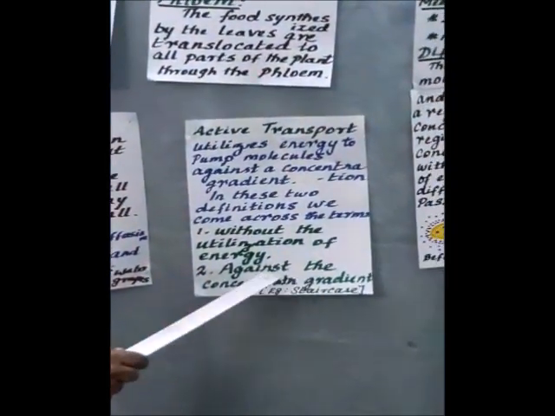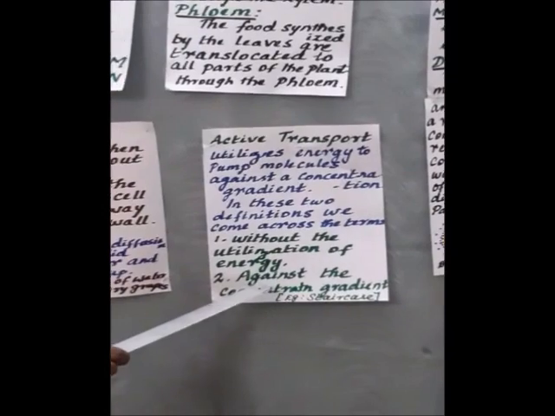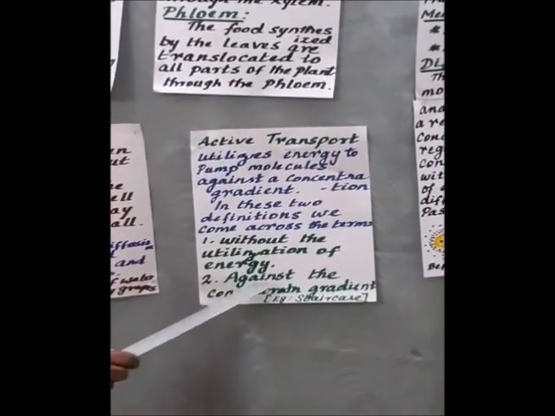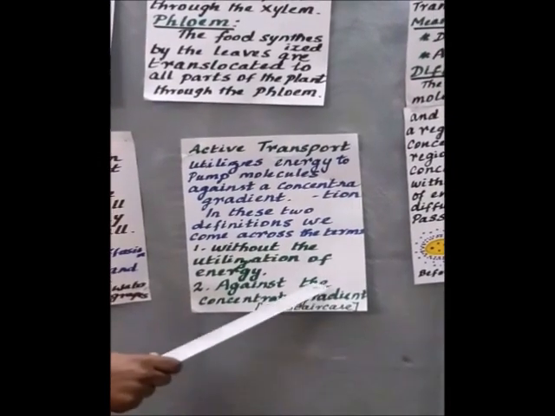When we climb up the stairs, we utilize energy. But when we go down, we pass along the staircase without much energy. This is without utilization of energy, along the concentration gradient. When we climb up stairs, we use much more energy. That is against the concentration gradient.